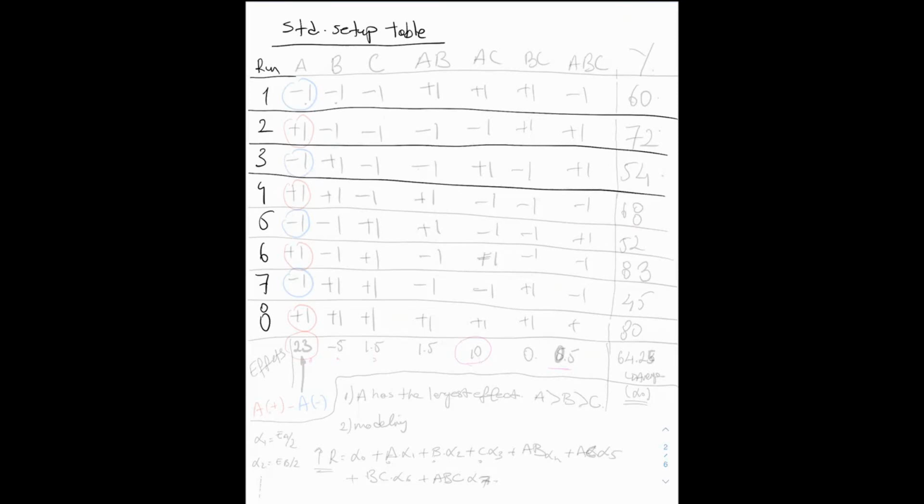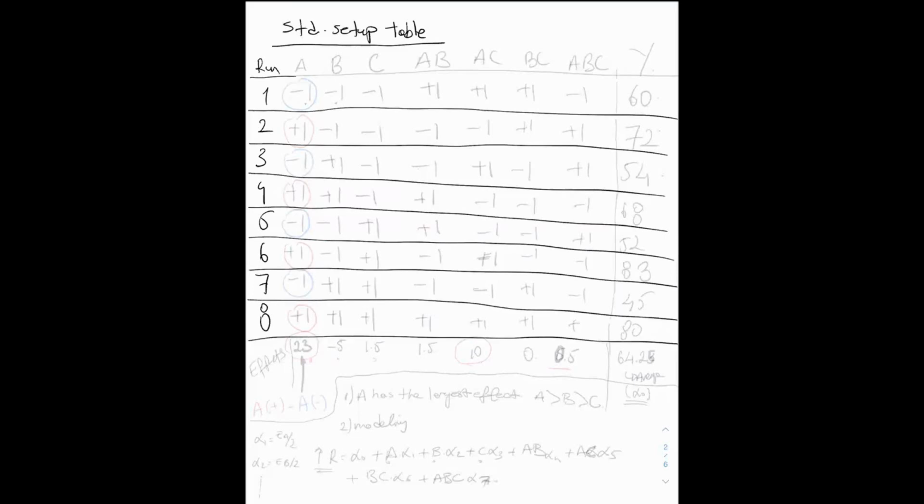Right now what I will do is write the table for each ABC factor that I'm using, as well as their interactions.